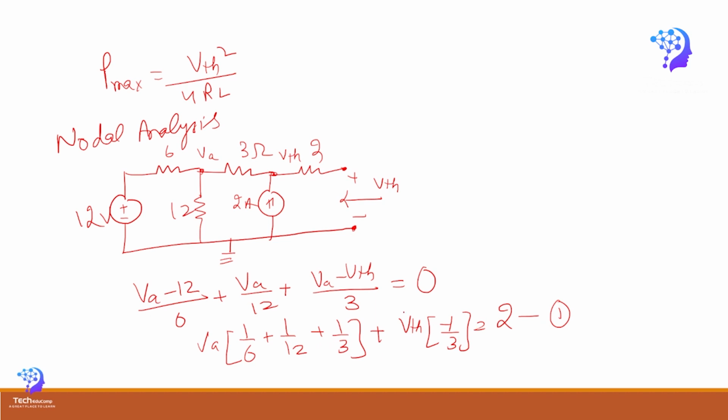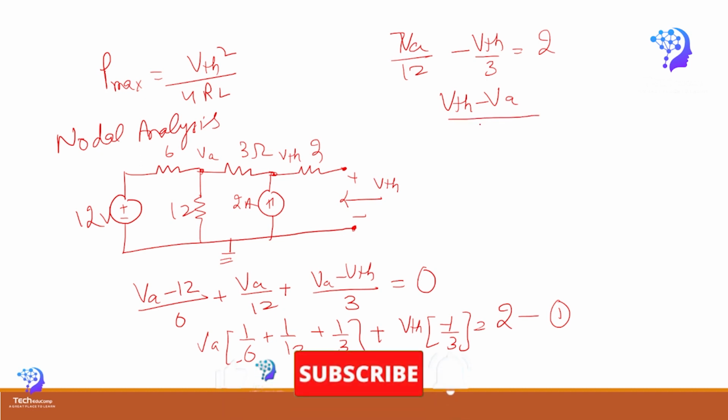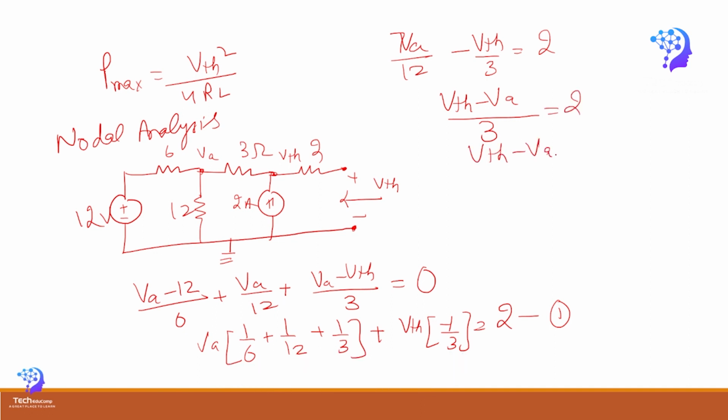Or you can also simplify it: we get 7 VA upon 12 minus VTH upon 3 equal to 2.